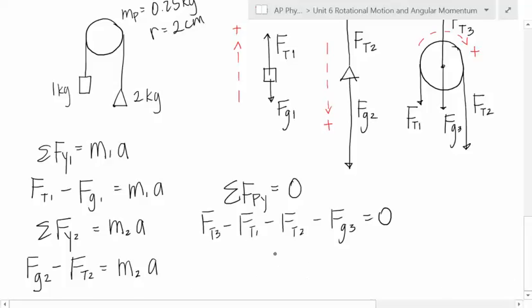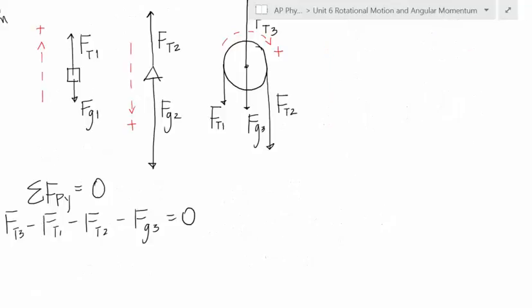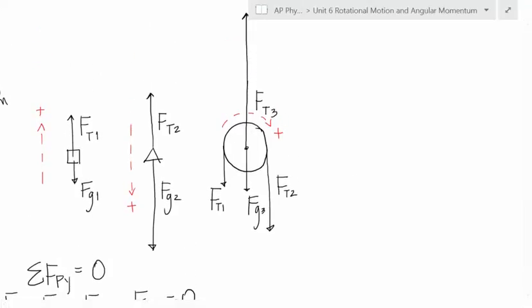Now, the new part, really. We're going to sum the torque on the pulley. And let's just do it over here so we can see the pulley at the same time. So when I sum the torque on the pulley, it's not balanced. The pulley's mass, which is distributed all over the place, is going to accelerate rotationally.